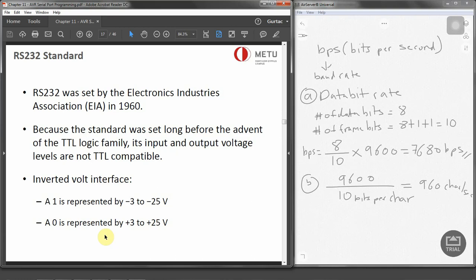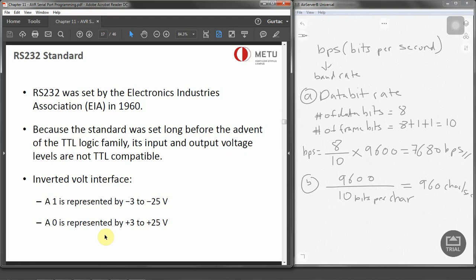The only drawback of this standard is that, as it was set around the 1960s, before the TTL logic family, the input voltages and the output voltages are not compatible with TTL. So, for example, in RS-232, 1 is represented by -3 to -25 volts, while the 0 bit is represented by +3 to +25 volts. And -3 to +3 is undefined in this case.